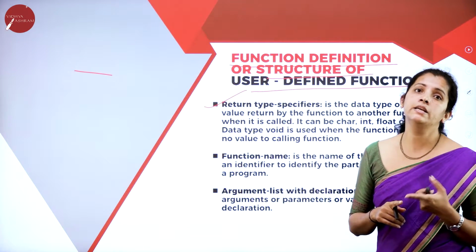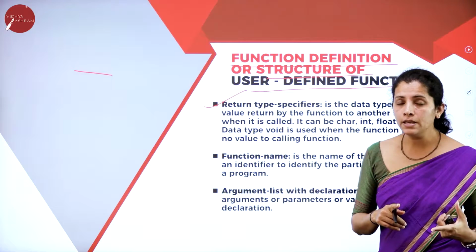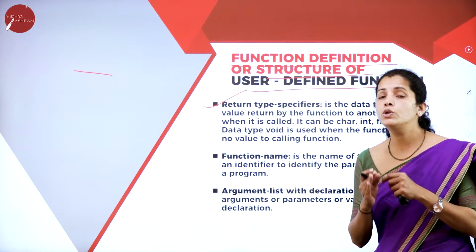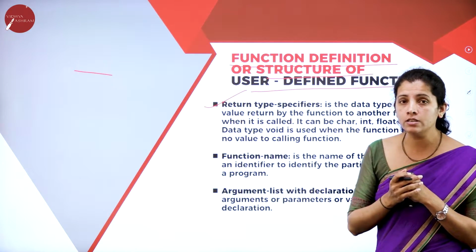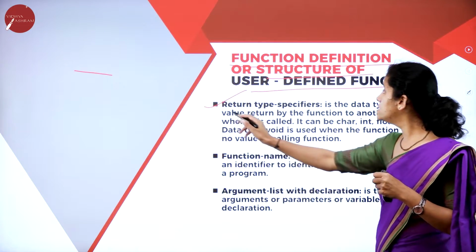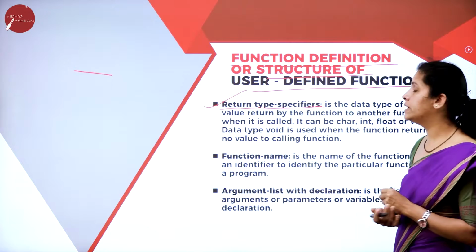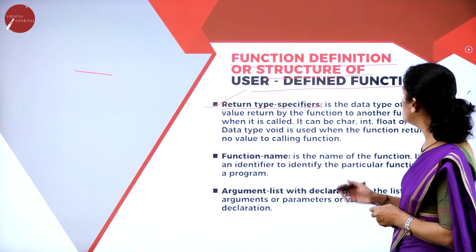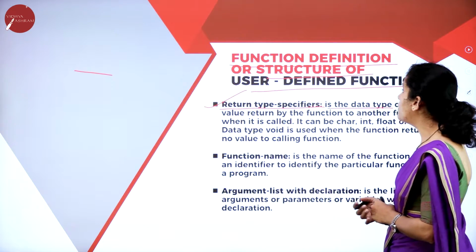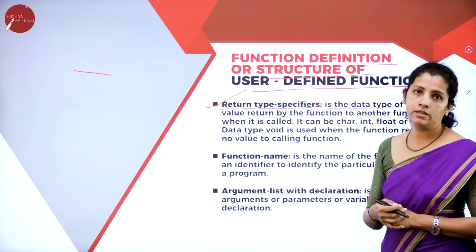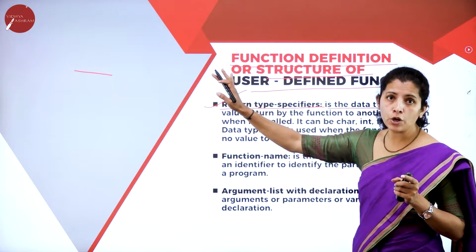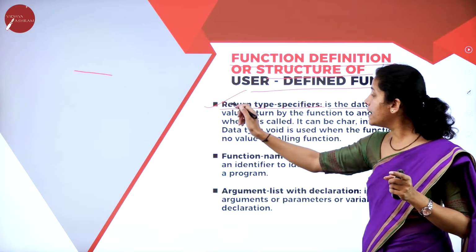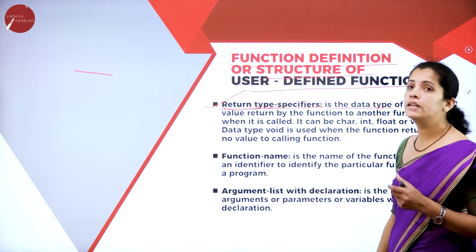That is nothing but the data type. That means if the function is going to return any value to the calling function, then it is specified in terms of the return type specifier. It is the data type of the value returned. If the function returns any value to the calling function, then I want to specify the return type.